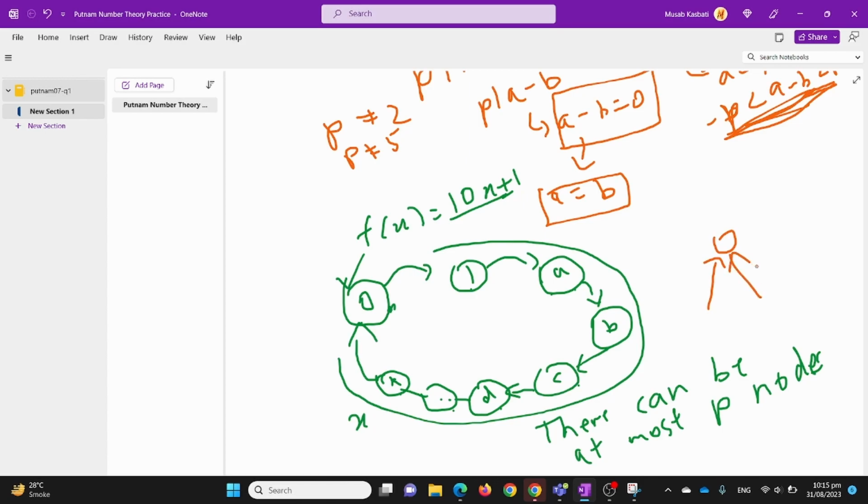And if there can't be any cycle like that, then the only cycle that can exist is one where there's one thing going into a node.